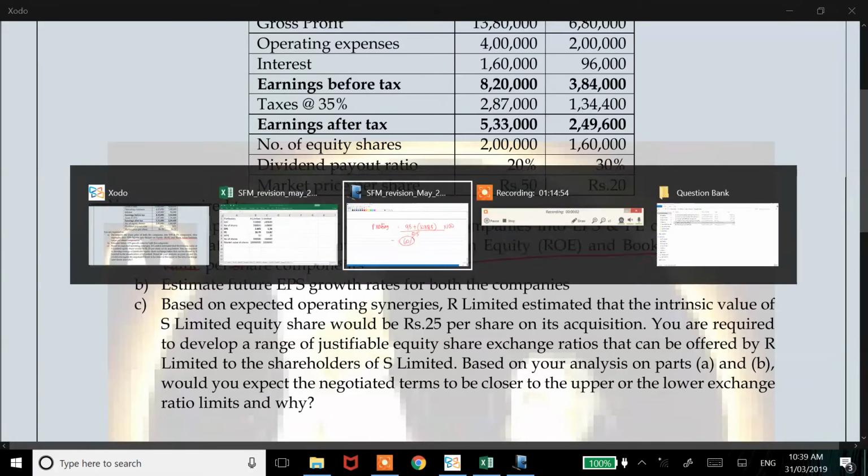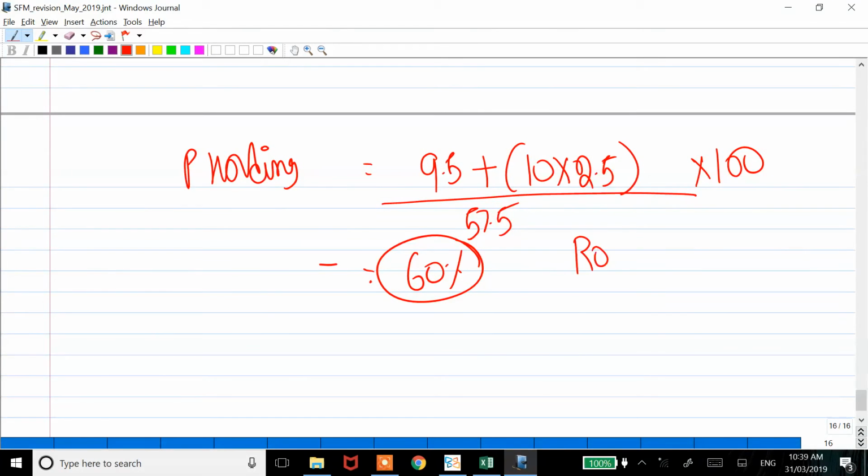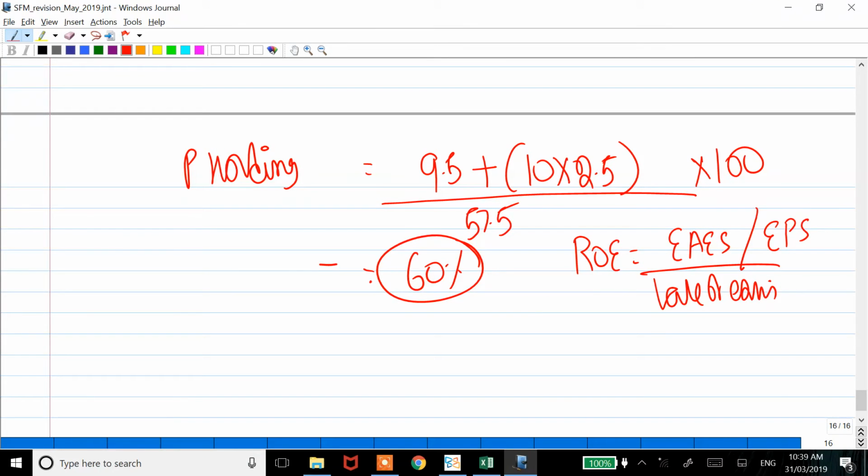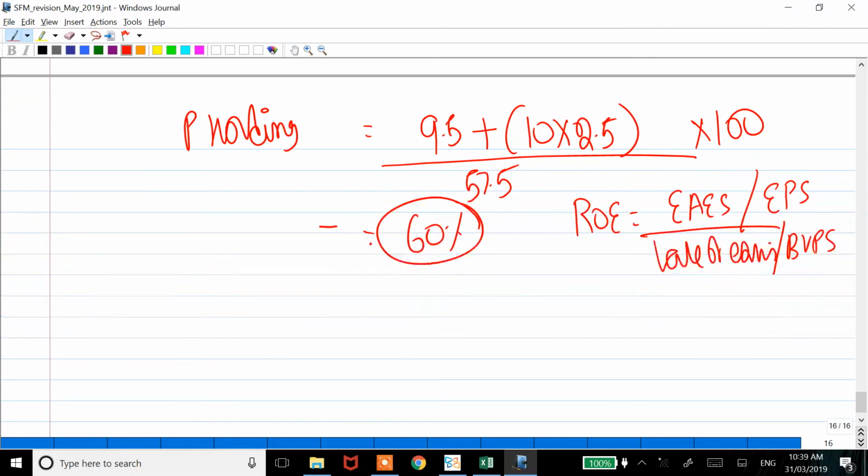Now, return on equity, the formula is earnings available to equity shareholder by value of equity, or earnings per share if you calculate at a per share level, and book value per share. So if you do at an overall level, it is called as EAES by value of equity. If you are doing at a single share level, it's called as EPS by book value.